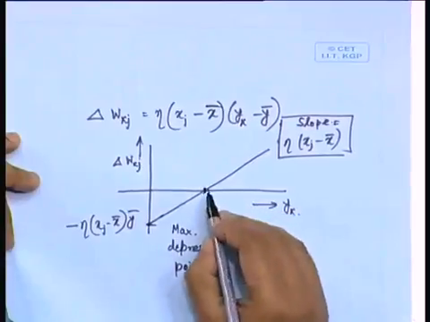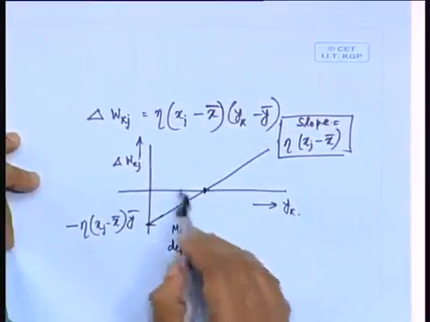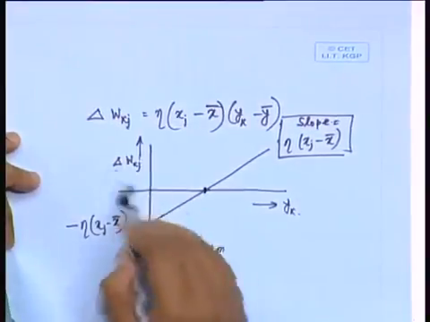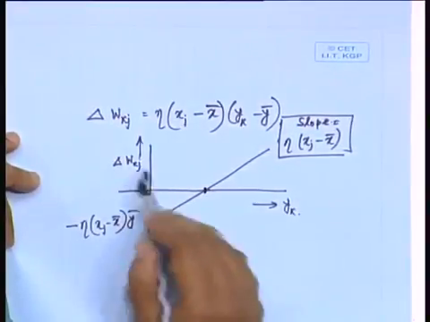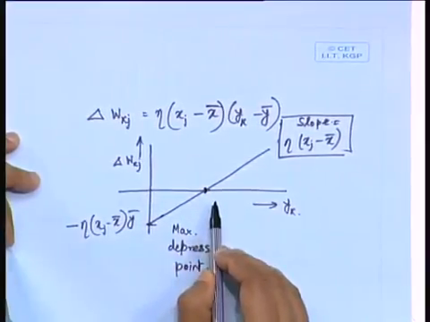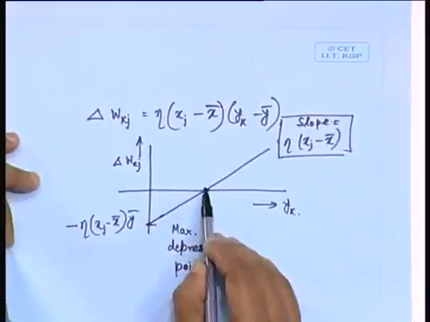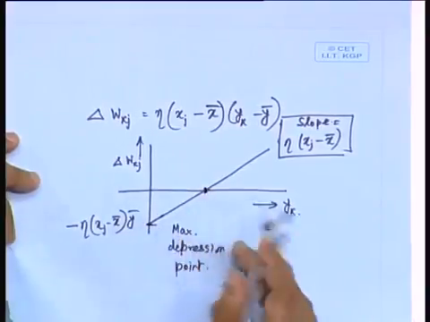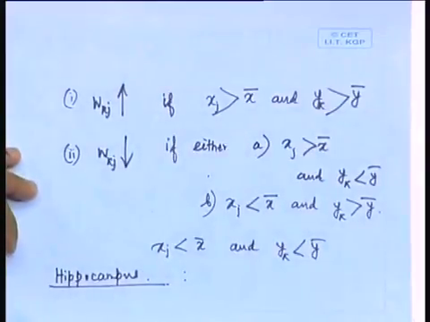So, it is there that it is going to stabilize. You see that when is it stabilized, that means to say the point where there is no further delta w_kj taking place, that is at its average value, that is at this point where it is going to be stabilized.